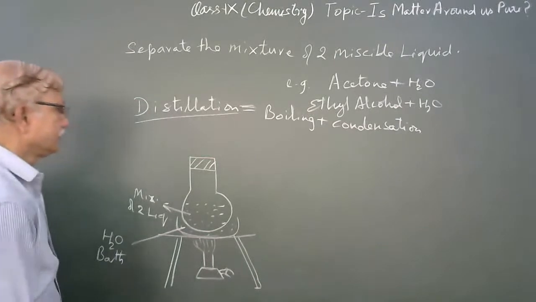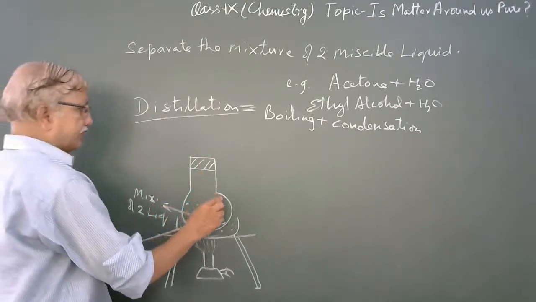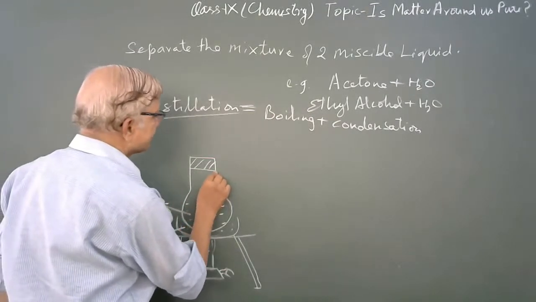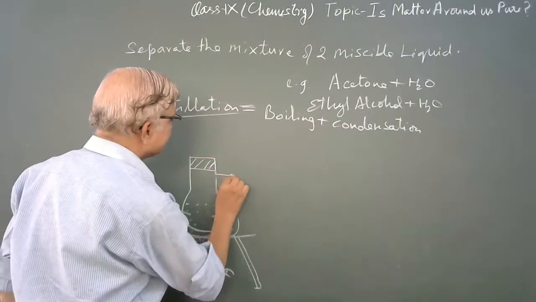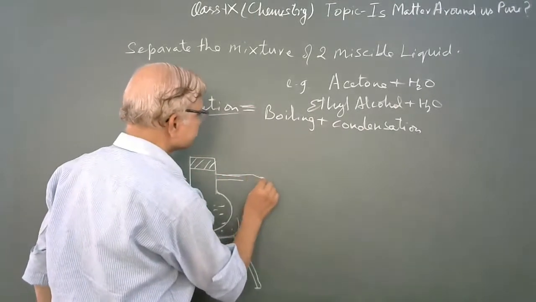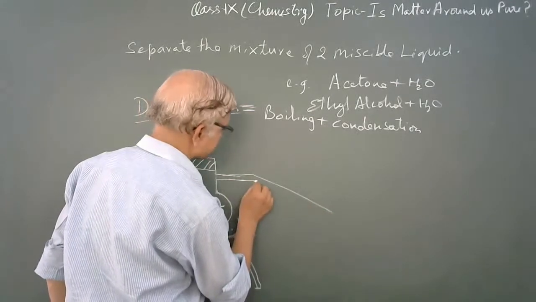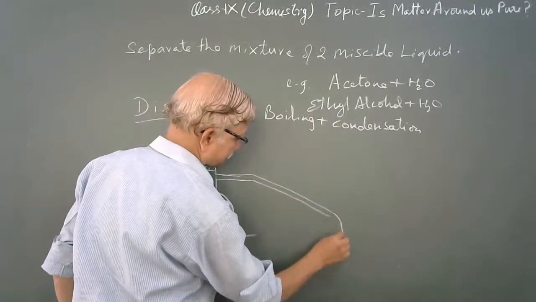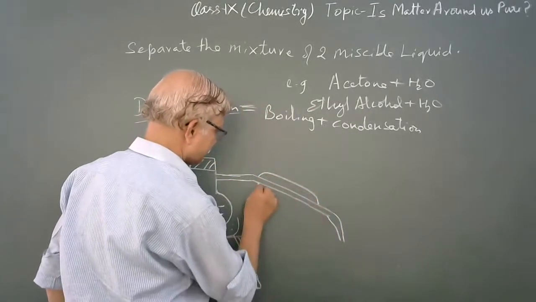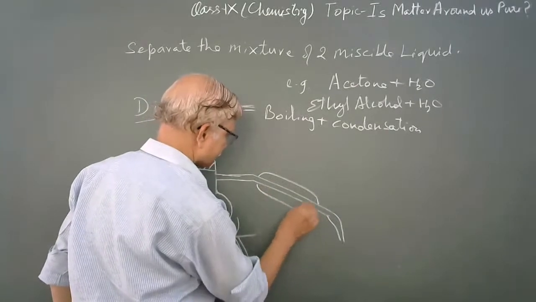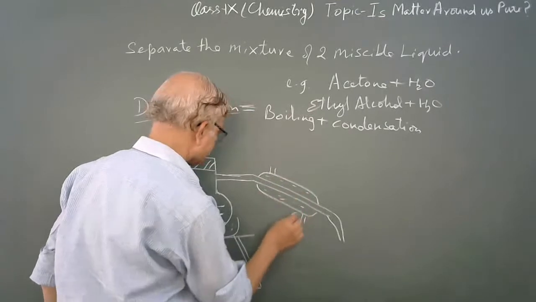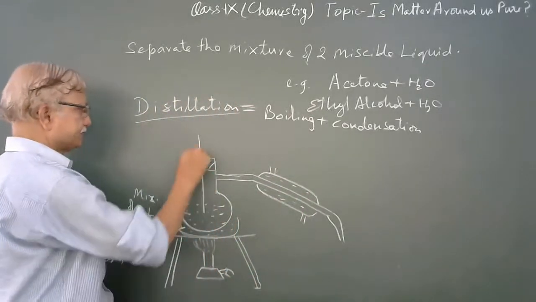Correct? Now, we attach this flask with a condenser. So, here a condenser is attached, with a place for a thermometer.